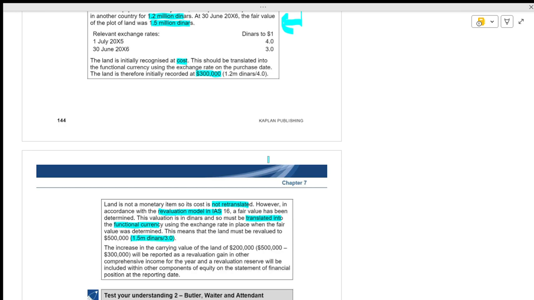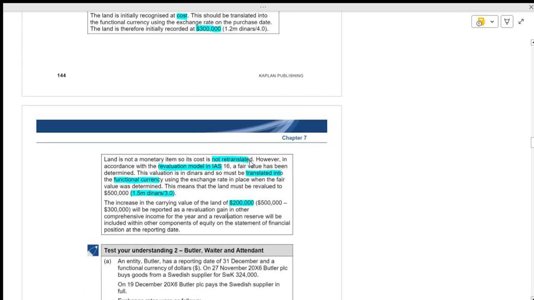5 million dinars divided by 3. What are we taking? We are taking the closing value. What happens? Definitely the value of the land is increased by $200,000. Now, what is the treatment we have to give? It should be reported as a revaluation gain in OCI.